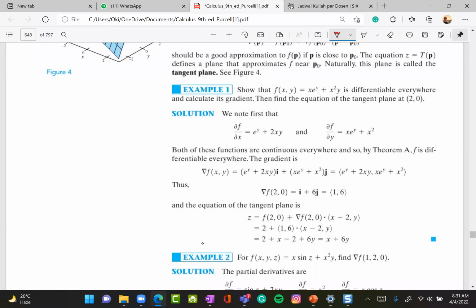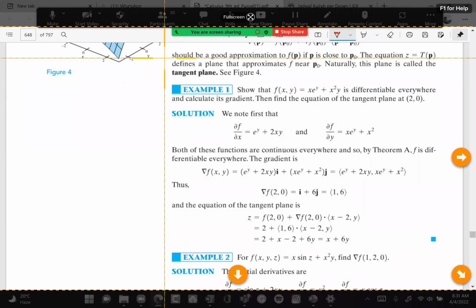Given an f, differentiable everywhere. Why? Let me rewrite this.